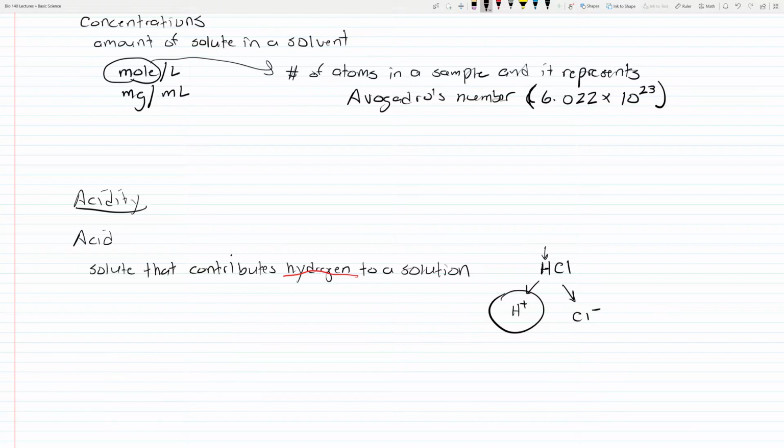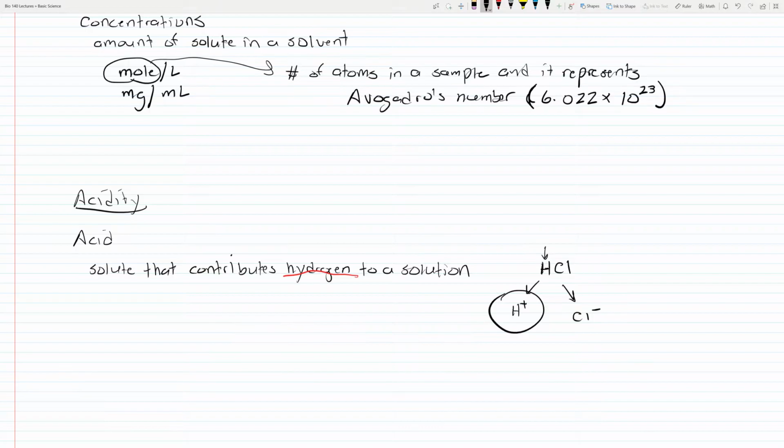Now that water has more hydrogens floating around in it. Normally it was just H2O doing its thing. When I add hydrochloric acid to it, there's now more hydrogen in that water than there was before. And that's what functions as an acid. That's what an acid does.